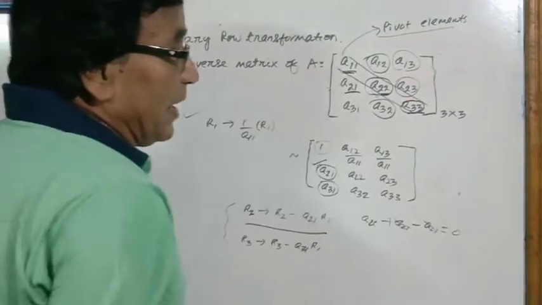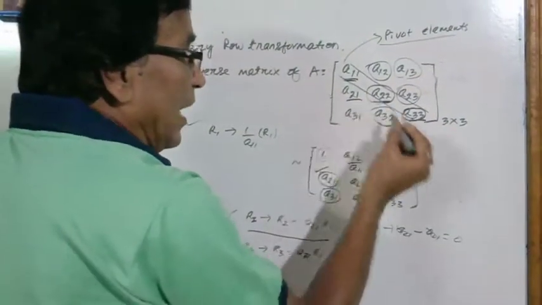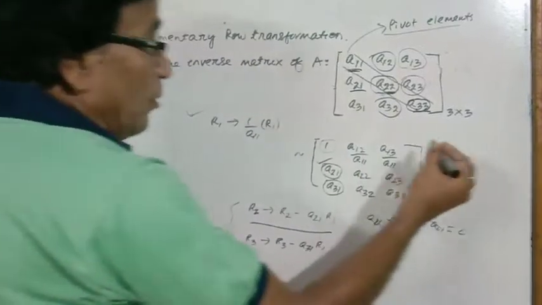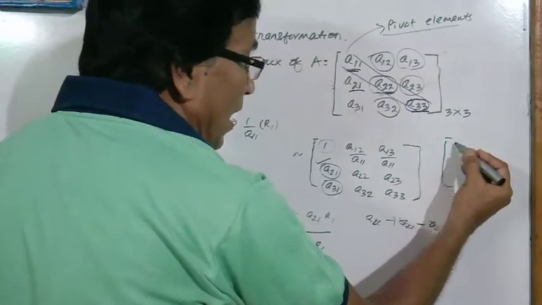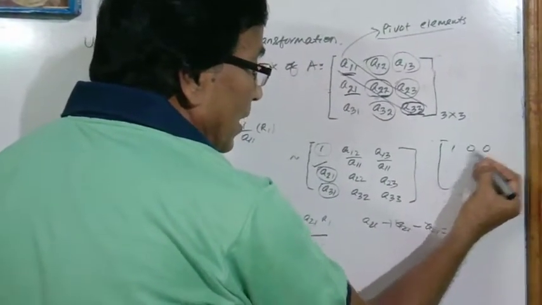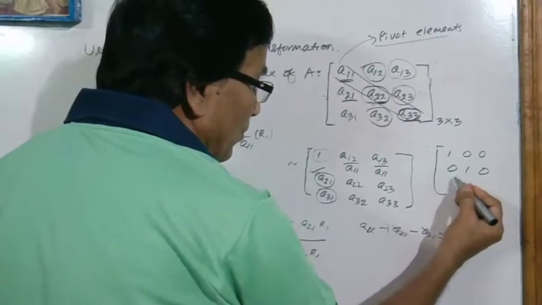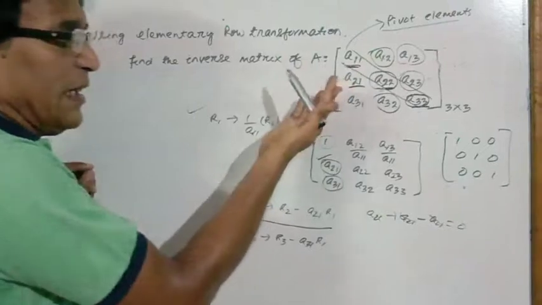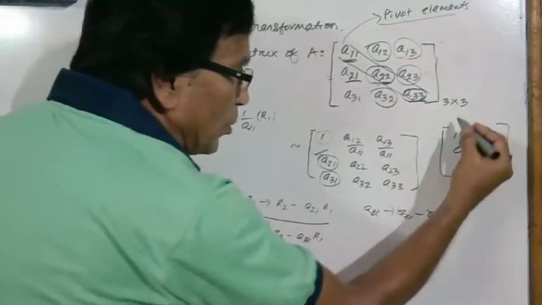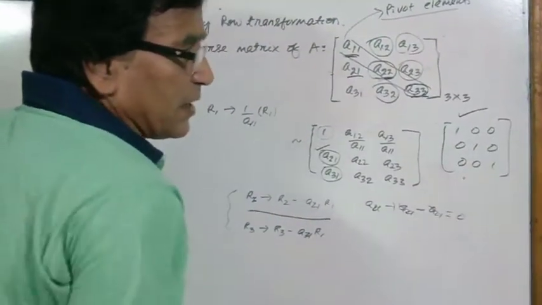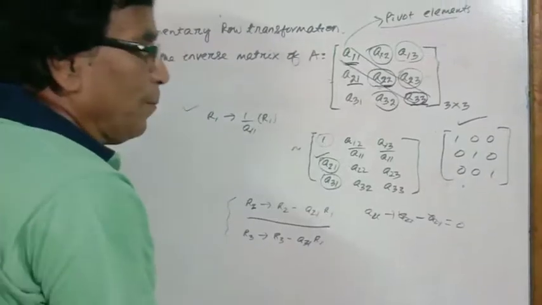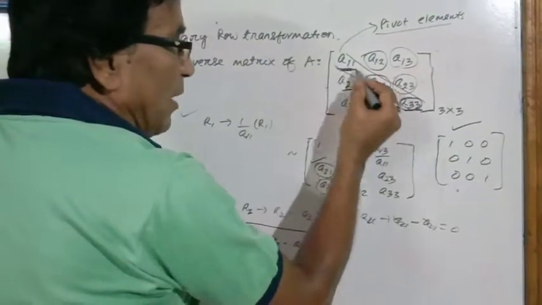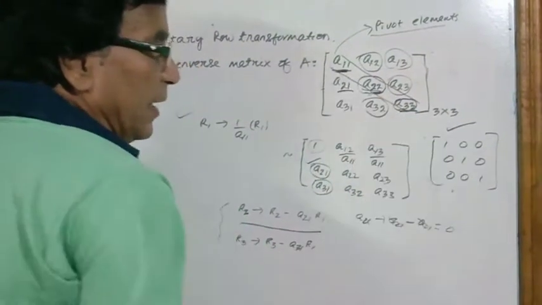So here you see that it becomes a unit matrix, that is 1 0 0, 0 1 0, 0 0 1. So we can easily convert this into a unit matrix by taking pivot elements as A11, A22, A33.